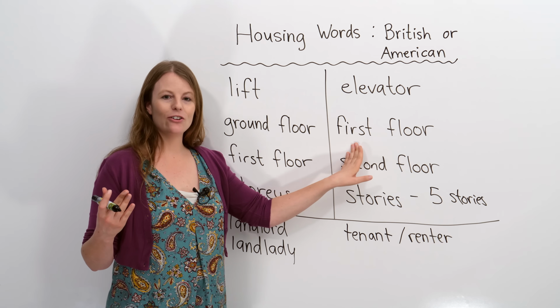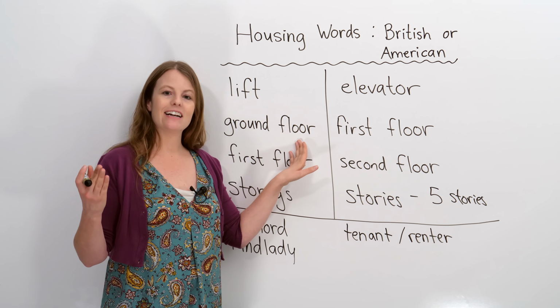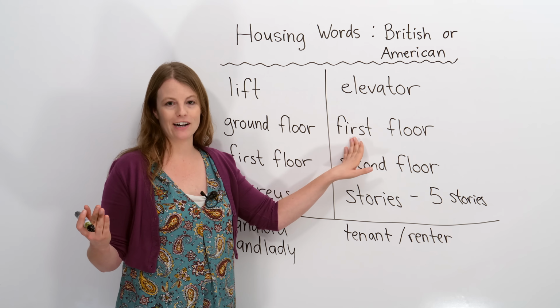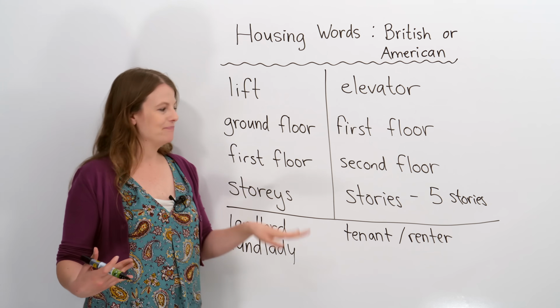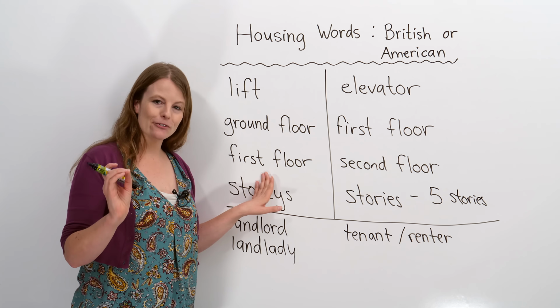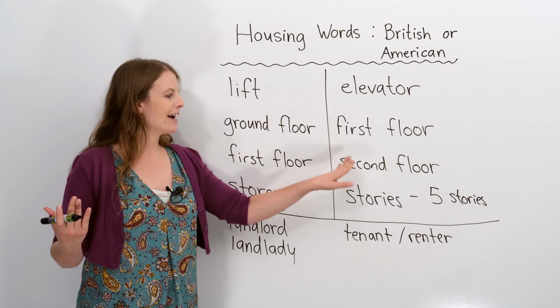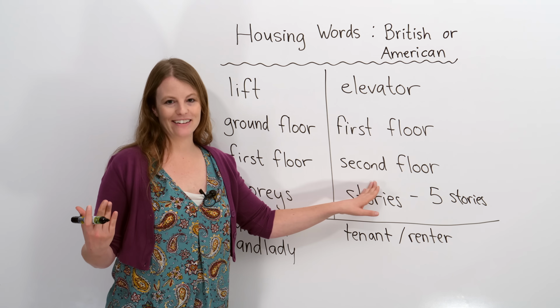So if you say you are on the ground floor in British English, in American English, you say you are on the first floor of a building. Now it gets even more confusing. In a British building, when you are on the first floor of an apartment or a building, you're actually on the second floor in North American English.